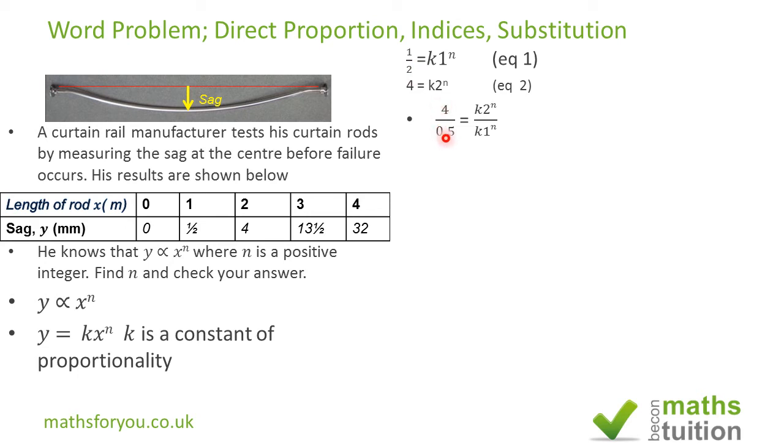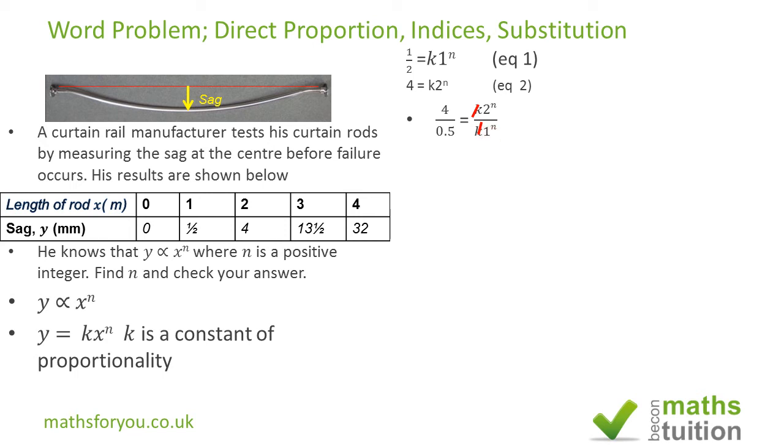So 4 over 0.5, so 4 millimeters over 0.5 millimeters, the millimeters will cancel out, and k times 2 to the power n. Now 2 will be in meters there, so they will cancel out again. And 1 to the power n is 1. And the k's will cancel out, as we see there. So we end up with 4 over 0.5 is equal to 2 to the power n over 1.